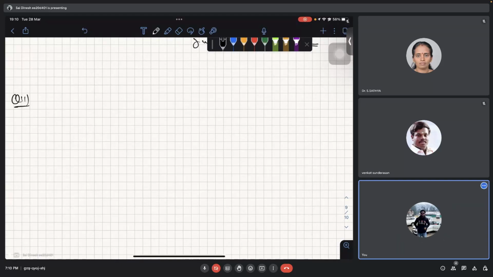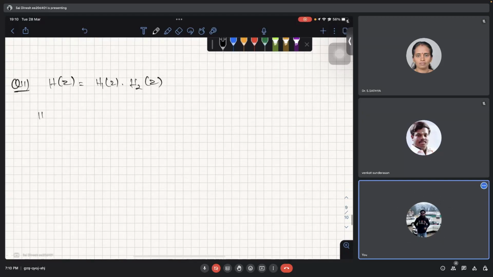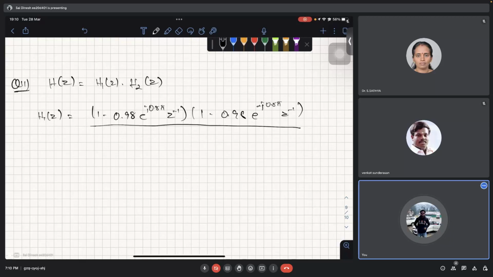So h of z is equal to h1 of z into h2 of z, and given h1 of z equal to 0.98 e power j 0.8 pi z inverse, 1 minus 0.8 e power minus j 0.5 pi z inverse, by e power j 0.4 pi z inverse, or minus 0.8 e power minus j 0.4 pi z inverse.